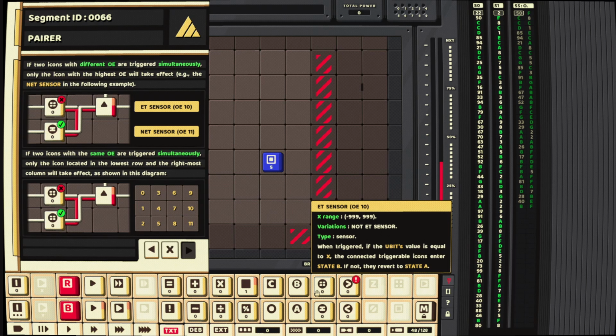But I can have two sets of conveyors, each wired up to a different sensor. Right? That seems promising.